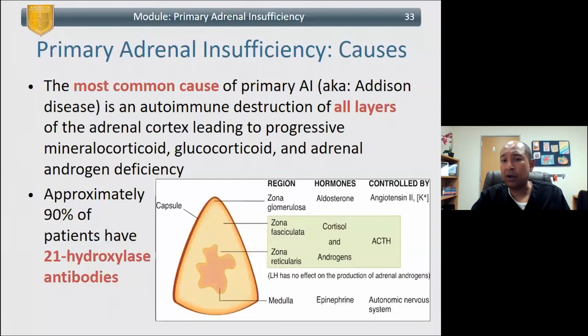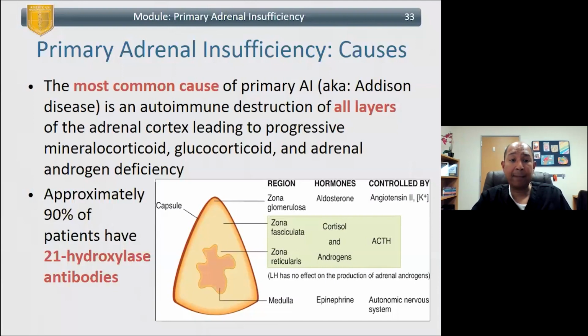So the most common cause of primary adrenal insufficiency, otherwise known as Addison's disease, is autoimmune. You get an autoimmune destruction of all the layers of the adrenal cortex, which is subdivided into zona glomerulosa, fasciculata, and reticularis.